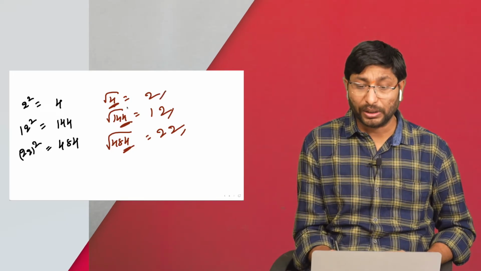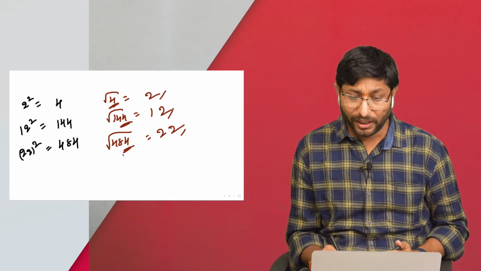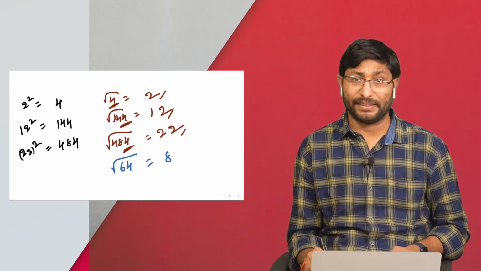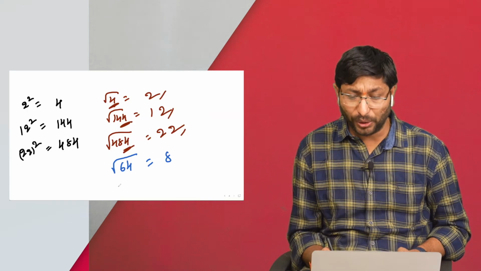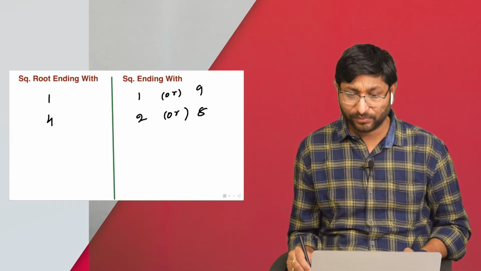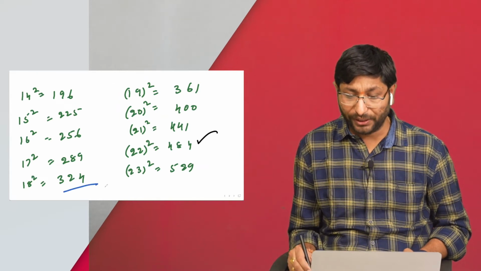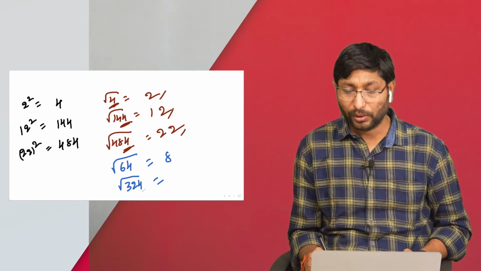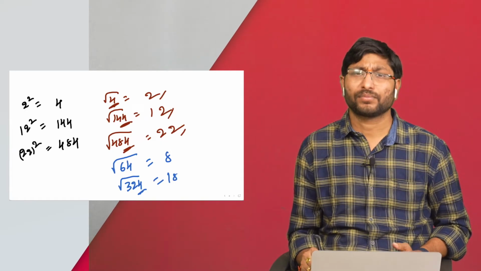Not only 2, let me show you a few more things. The square root of 64 is 8. The square root of 324 is 18. Got it?